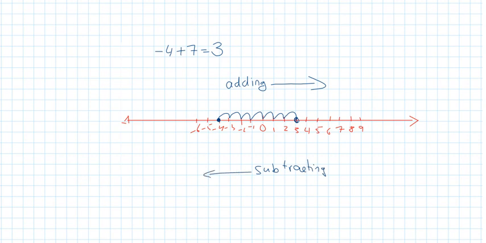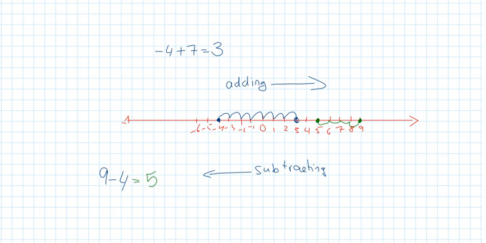If I have 9 take away 4, where do I start? On 9. And since I'm taking away 4, which way do I move? Left. So I go 1, 2, 3, 4. So my answer is a positive 5.